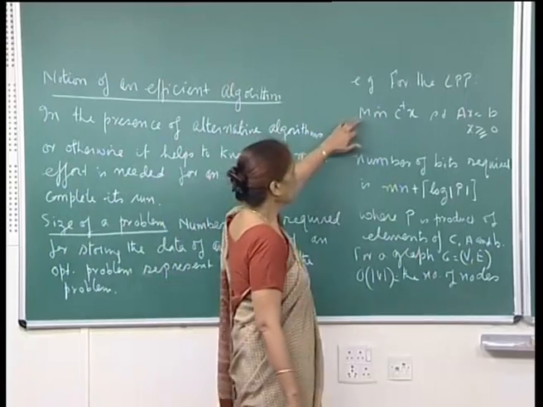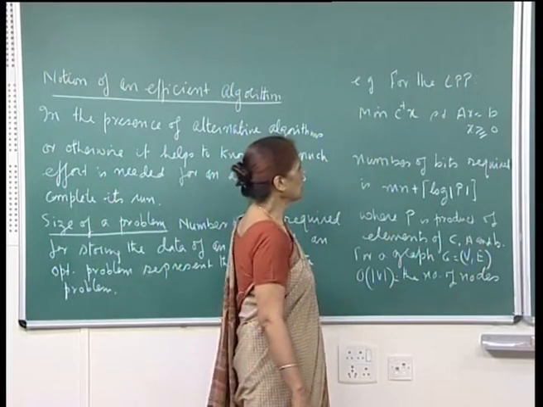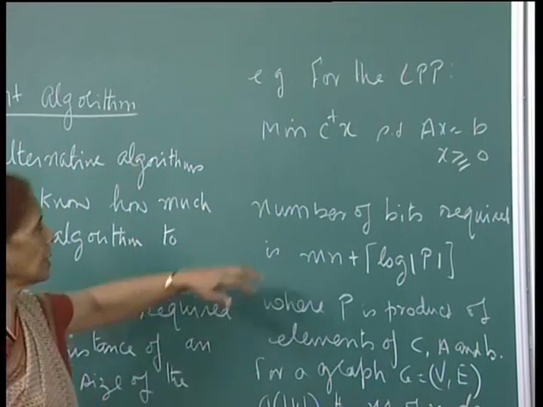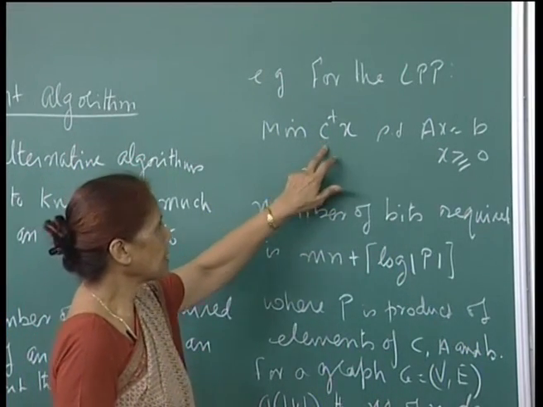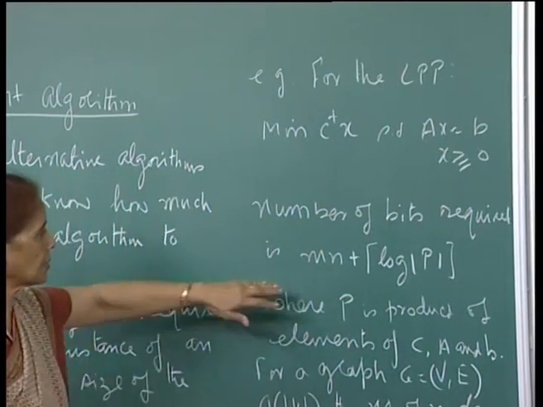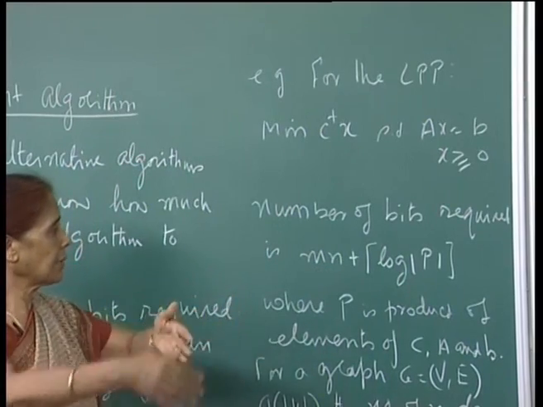So, for example, for the linear programming problem, minimize C transpose x subject to A x equal to b, x non negative, you need to store the parameters C, A and b, the m by n matrix. So, this m n means that you would need that many storage locations.